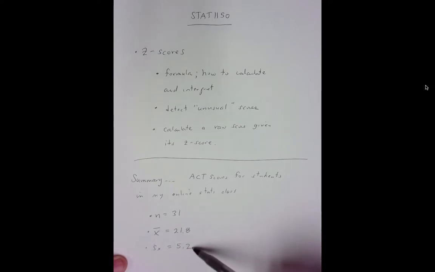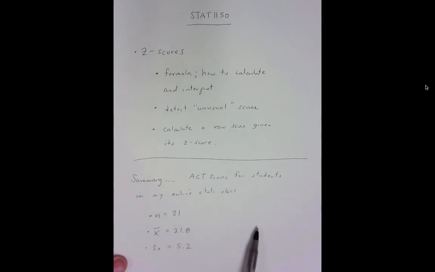For example, if the standard deviation is 5 and I add 5 to the mean, then a score of 26.8, or if it's 5.2, 27, is one standard deviation above the mean. But if I have a standard deviation of 10, add 10 to that, then 31.8 is one standard deviation above the mean.